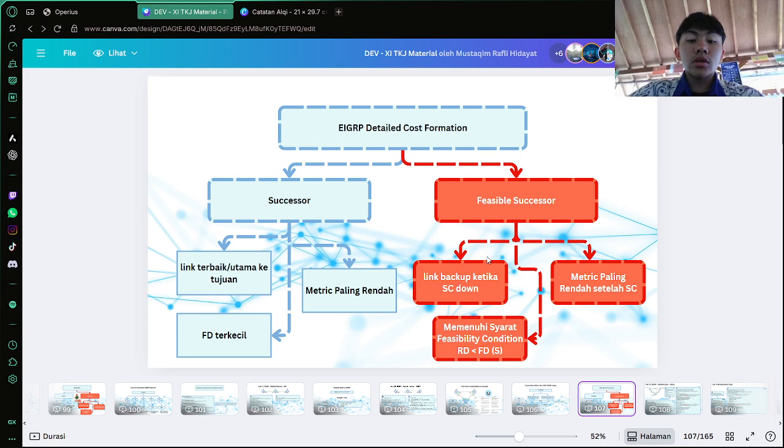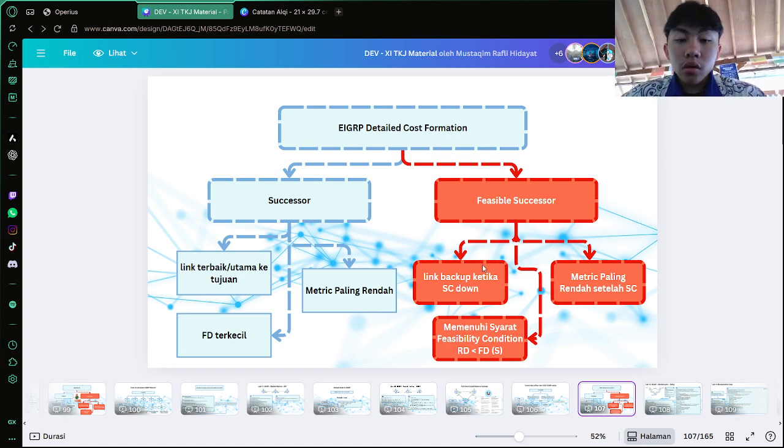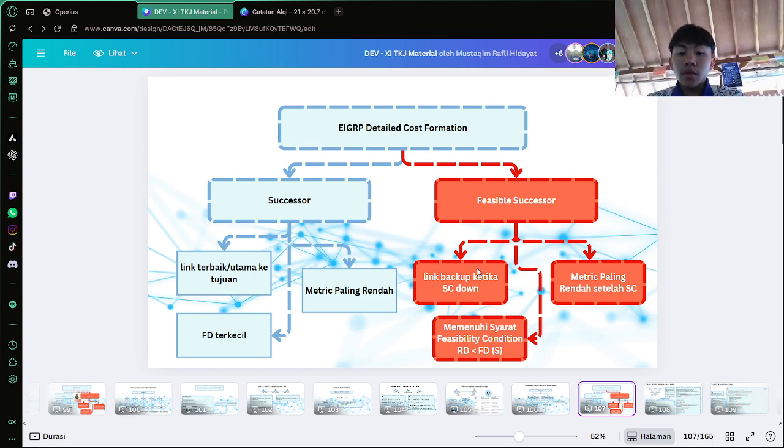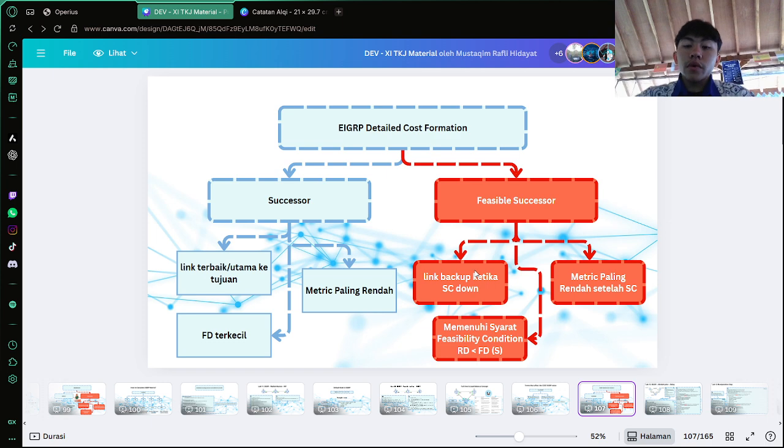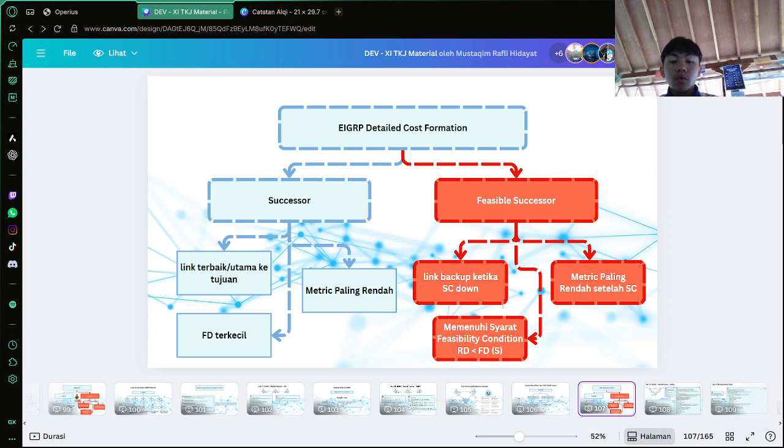And the next is feasibility condition compliance: RD less than FD of the successor must be satisfied, which prevents routing loops during convergence.